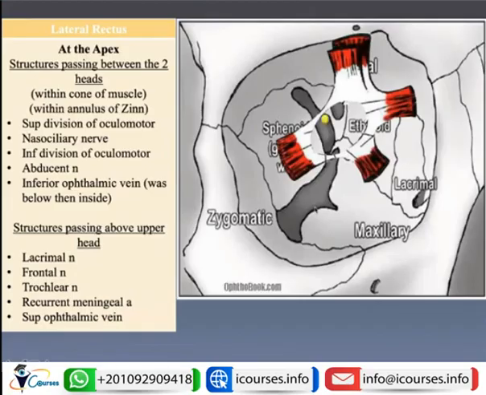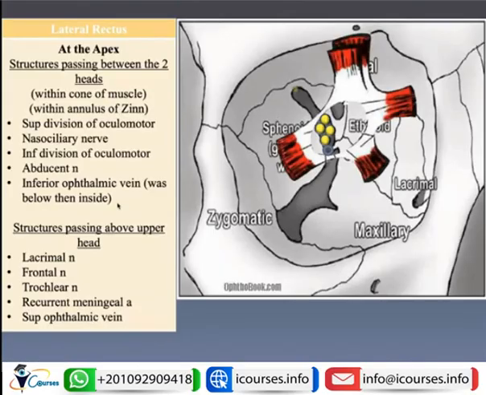As we mentioned before, the structures within the common tendinous ring will be the superior division of the oculomotor and inferior division of the oculomotor, nasociliary nerve and the abducent nerve, and the inferior ophthalmic vein. So the inferior ophthalmic vein was below, then became inside the two heads of lateral rectus.